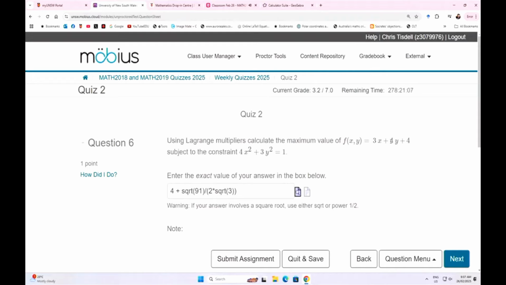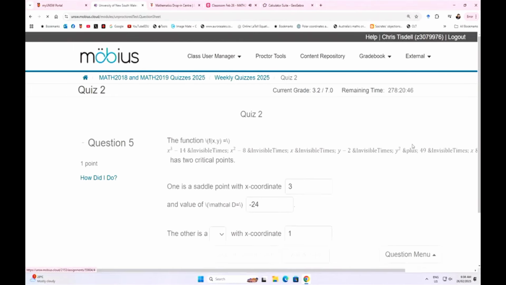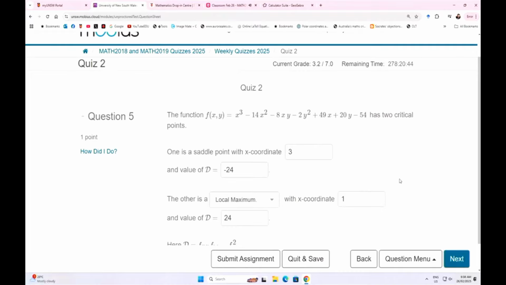Okay, so here's one from this week. So what have we got? We've got a plane and we've got some sort of constraint where the cross sections are going to be ellipses. It's like an ellipsoid. I'll show you a picture in a minute. Oh, that's a critical point question.